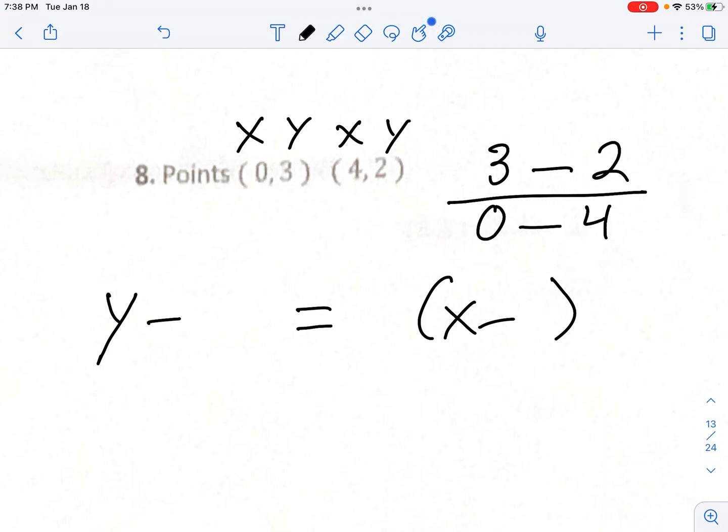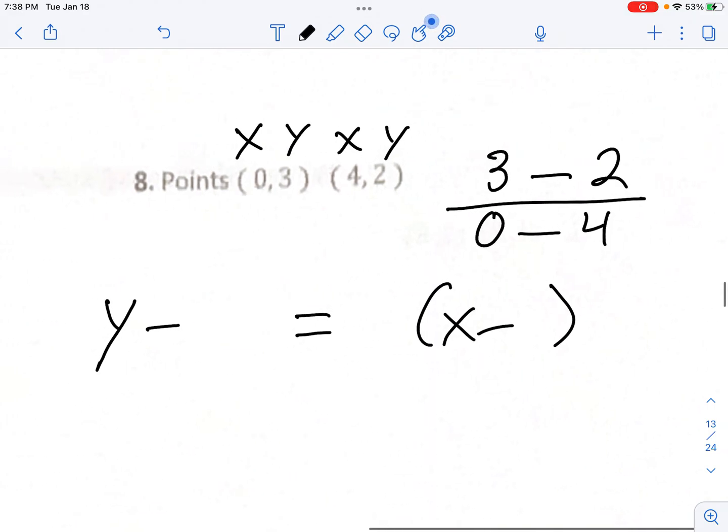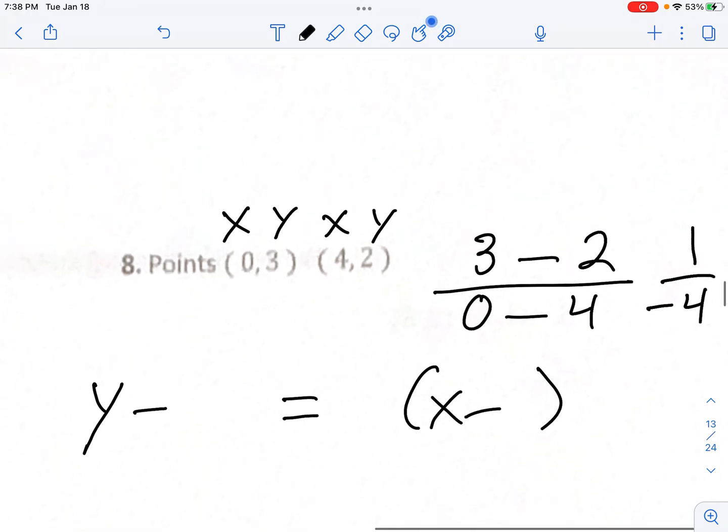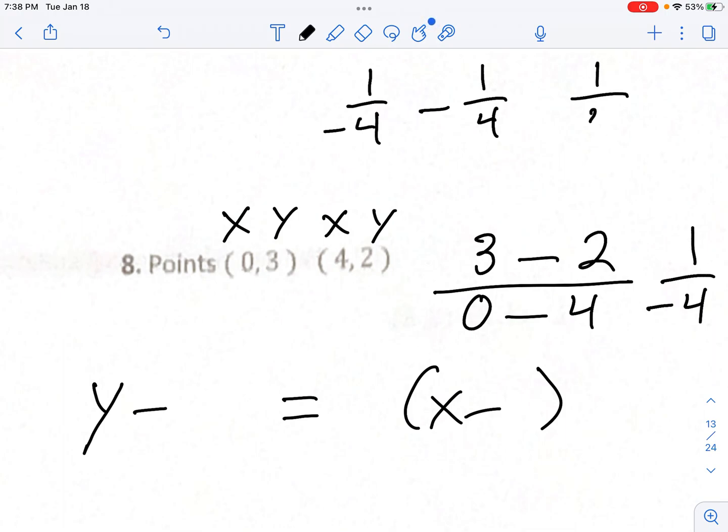X is on bottom, exactly where they're at. 3 minus 2 is 1. 0 minus 4 is -4. Now, I understand that the negative is on the bottom, but it's much easier graphing if you just move it to the top. Because remember, guys, let's be honest, that's -1/4. That's also -1/4.